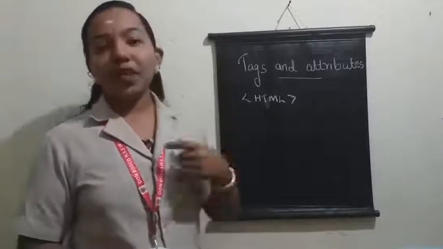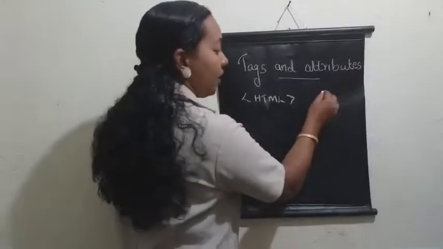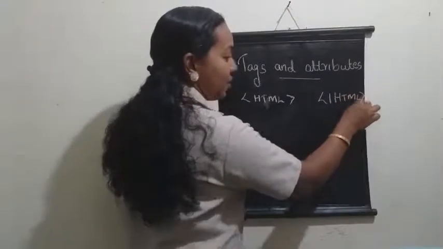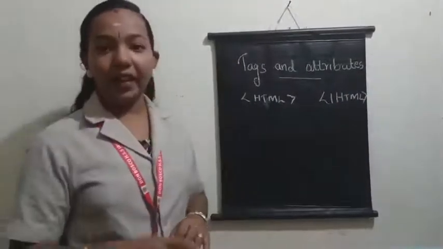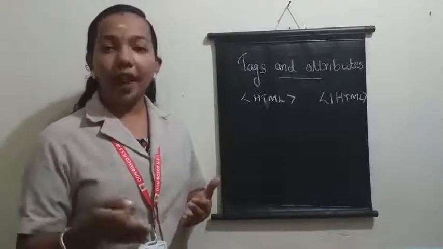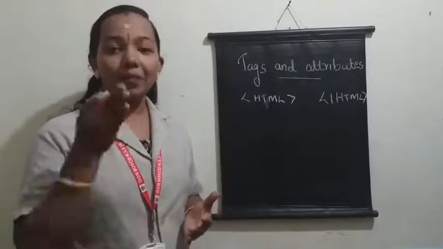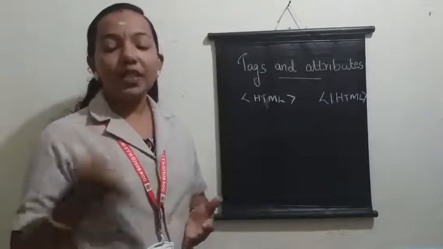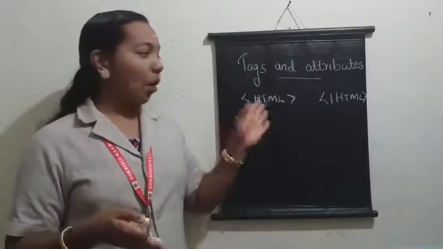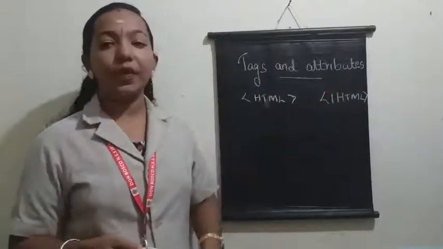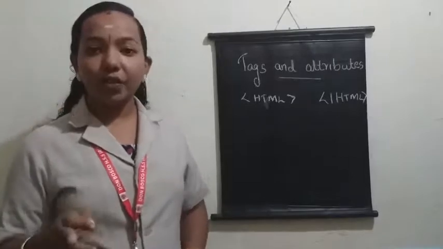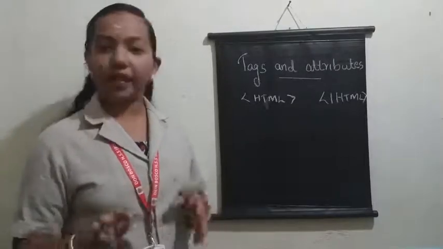Once the HTML program is over, we close that tag with a backslash. The closing tag uses the same tag name, with a slash before the tag name. This slash is known as the ending slash, and it indicates we are closing that tag. In a C++ program, once a bracket is open, after the usage we close that bracket.